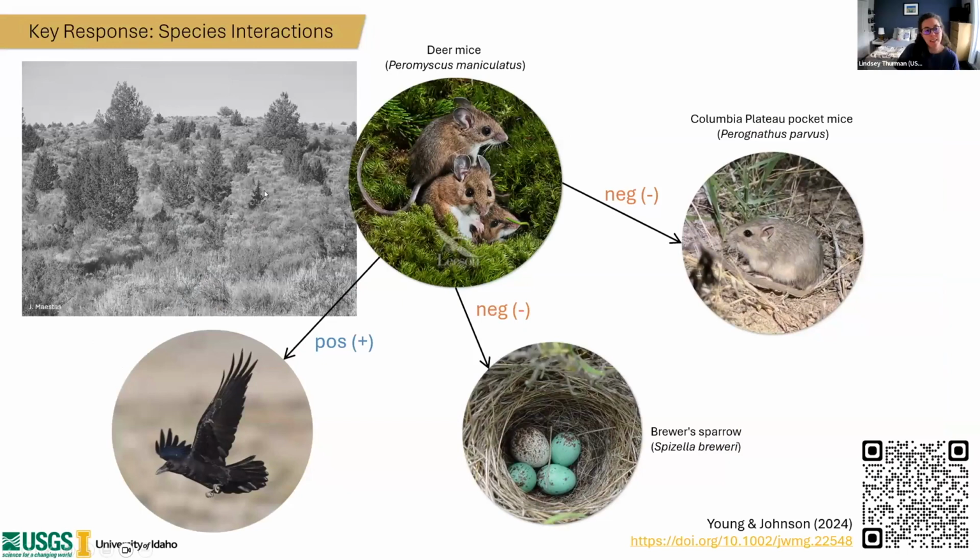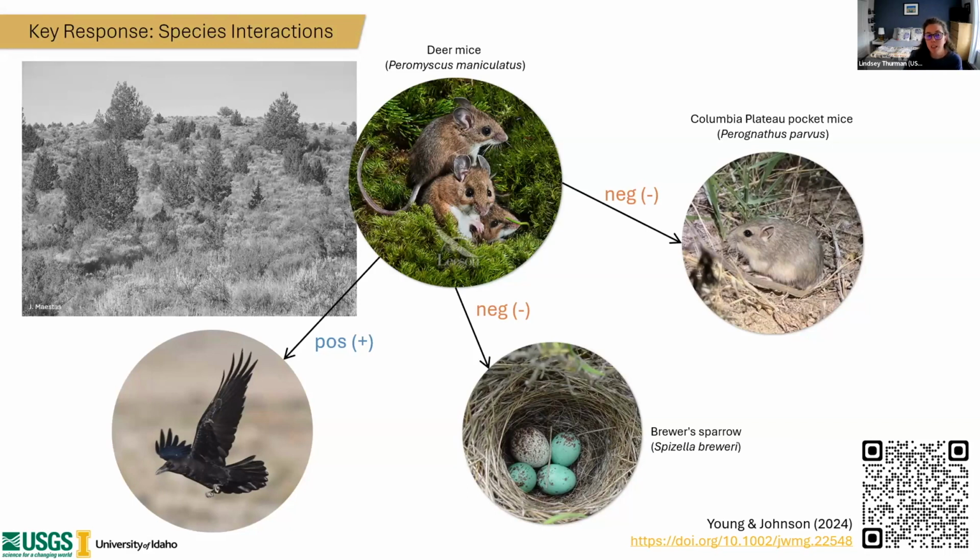Thanks, guys. So one of the other considerations for species response is that species are not existing in isolation, and impacts to one species can have positive and negative impacts on other species in the community. This is a paper that just came out this year that was investigating the competitive dynamics between deer mice and Columbia Plateau pocket mice in the sagebrush.